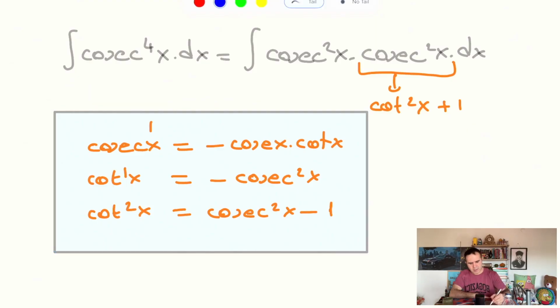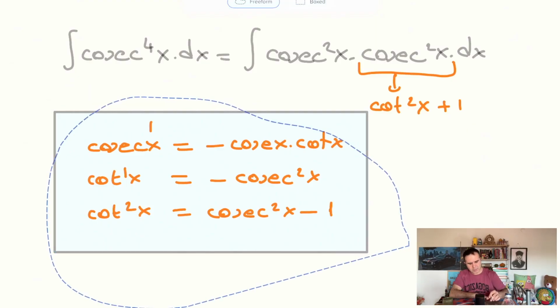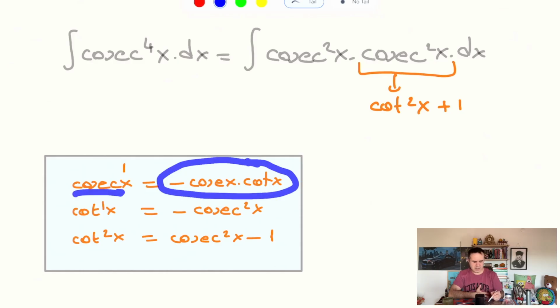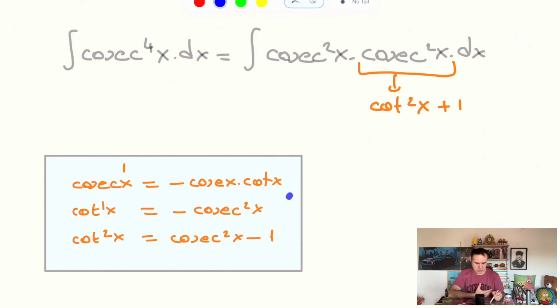And since we always use these equations while taking the integral of cosecant x, or maybe cosecant cube x, cosecant to the power of 5x, etc., you should remember them. If you can't remember, you should write cosecant x as 1 over sine x, and after taking the derivative you will get minus cosecant x cotangent x.